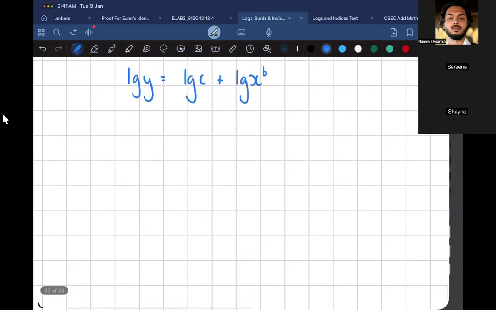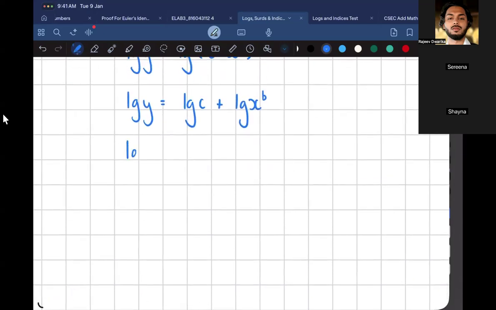Right? Sorry, you were saying something. You're saying the correct thing. Continue. Okay, and now you move over the power to the front of the log, so it'll be b log x. Are you seeing any powers now?